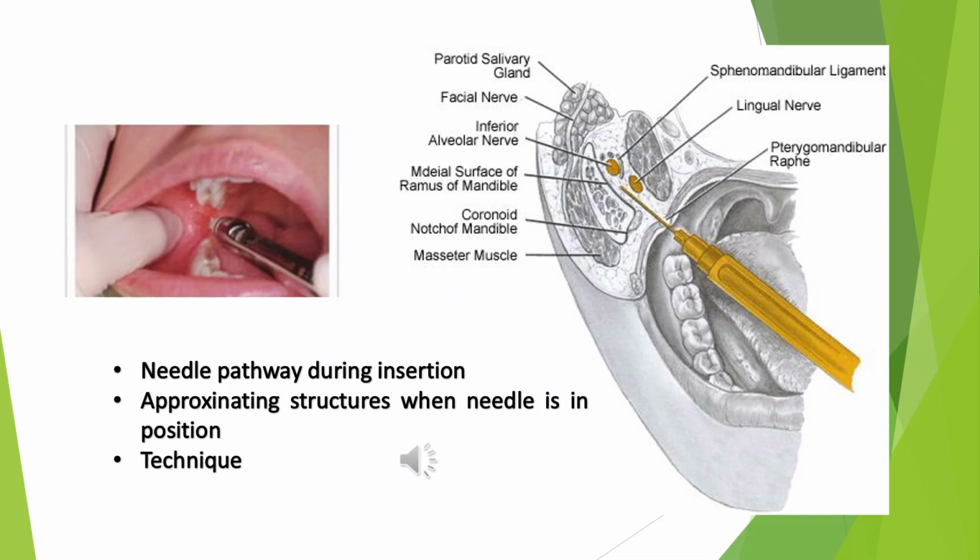When palpating the intraoral landmarks with the thumb, we should place the index finger extraorally behind the ramus of the mandible, which holds the mandible between thumb and index finger.